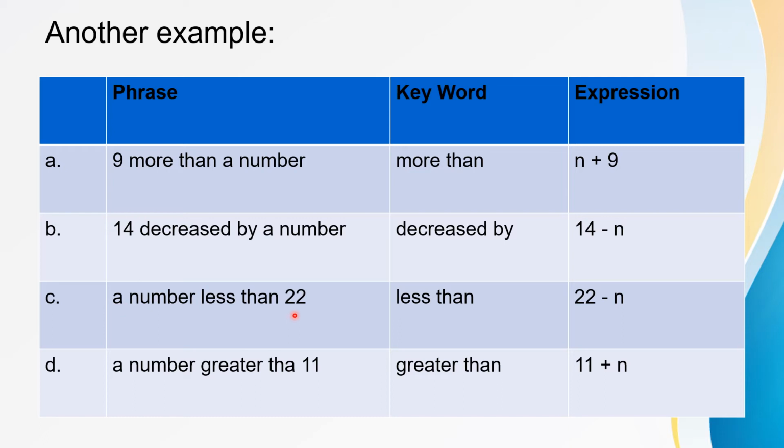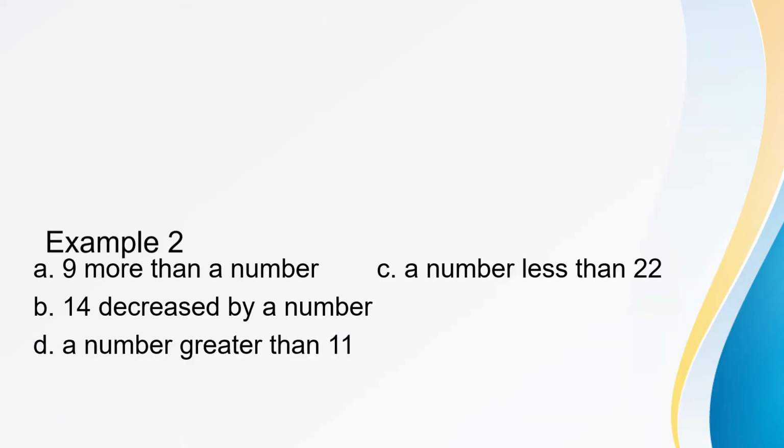A number less than 22, so the keyword is less than, so 22 minus n. A number greater than 11, the keyword is greater than, so 11 plus n. So remember, guys, always take note of the keywords, okay?